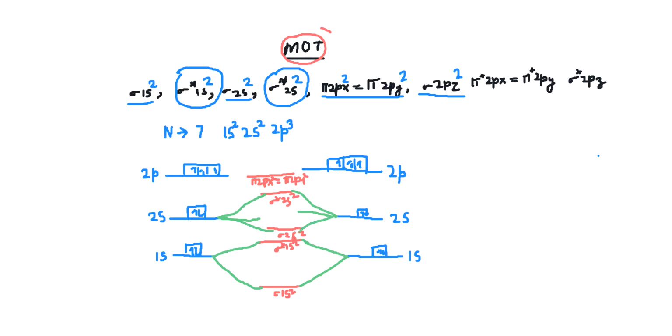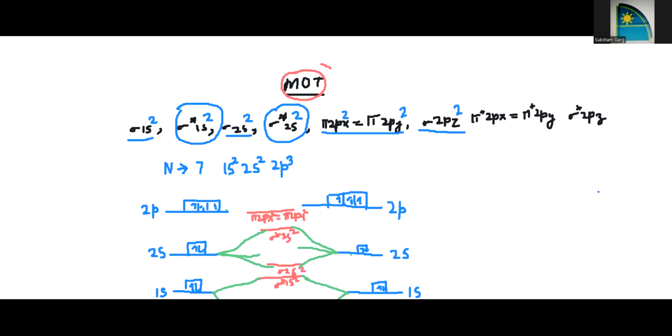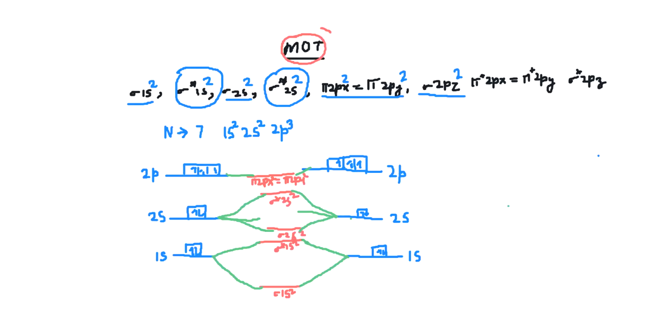See, 2s is here, 2s is here, and the sigma 2s2 bonding orbital has to be below that level. And then lastly, we will connect this and this. Again, as I said, everybody has to be at a little lower energy level than required. And finally, we can see how beautifully we have drawn the molecular orbital energy diagram for nitrogen.